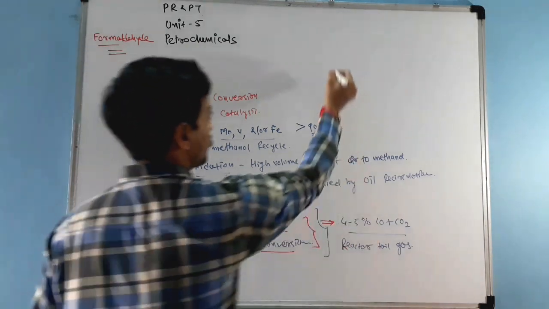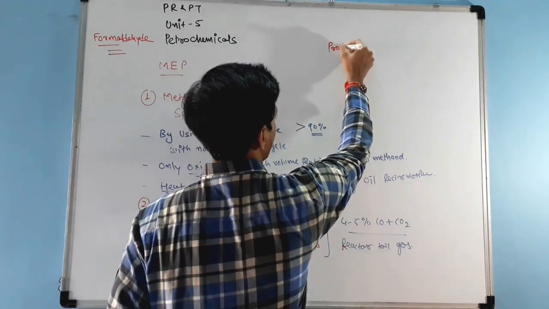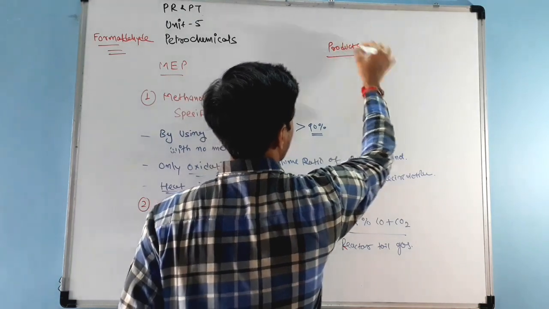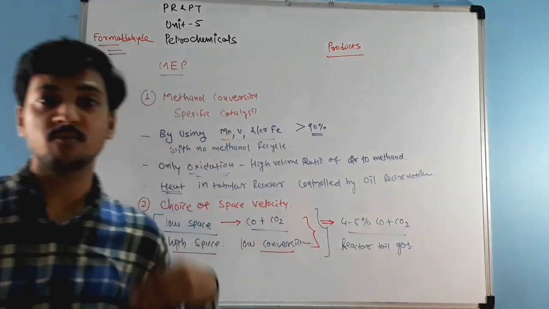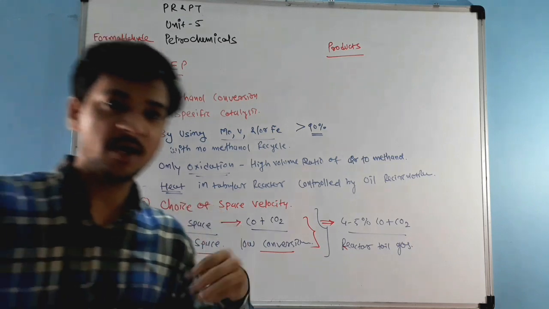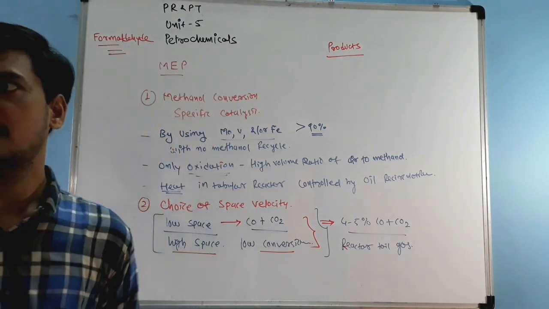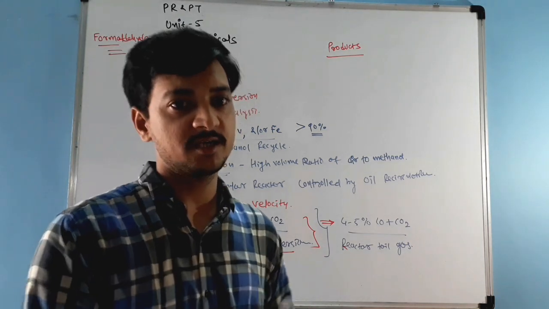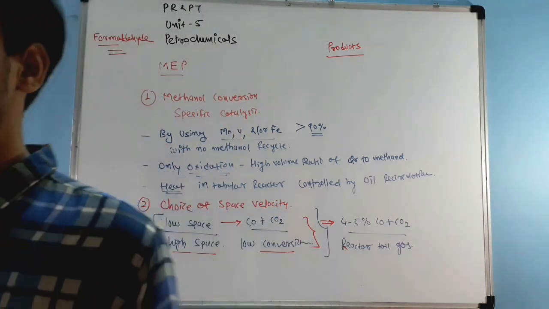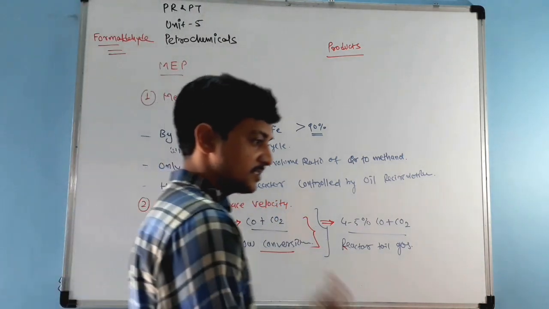Now, the products of formaldehyde. Formaldehyde is used as molding and coating for laminates, for sheet molding purposes, textiles, adhesives.